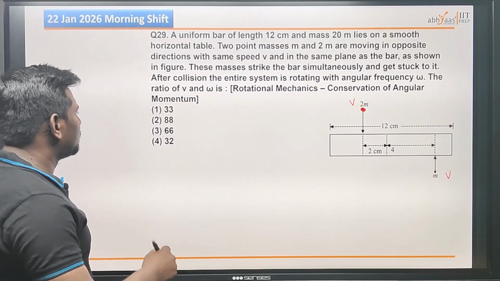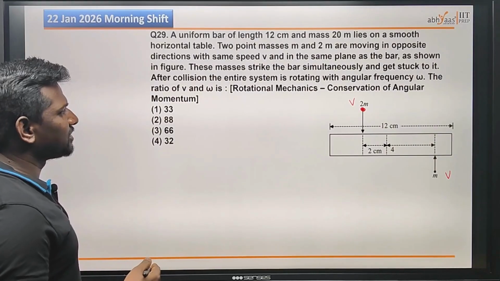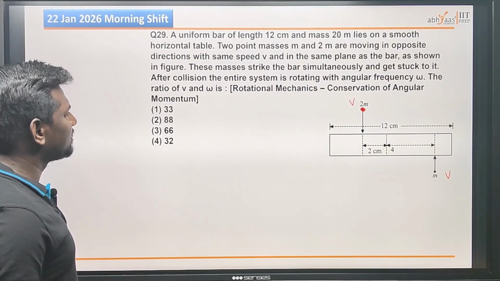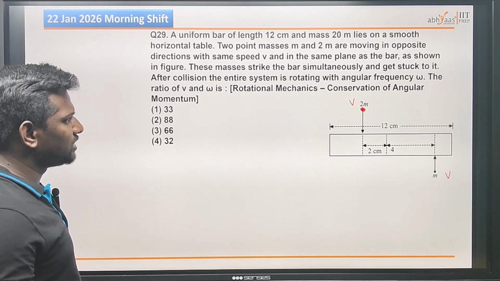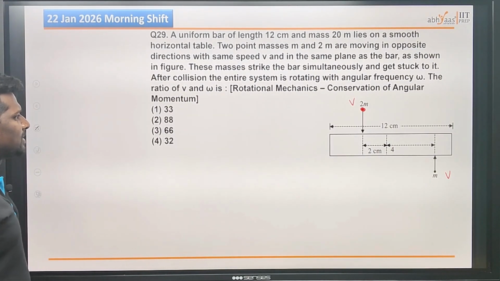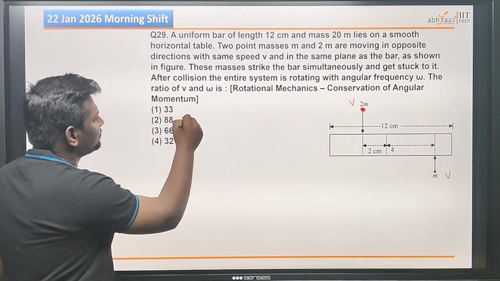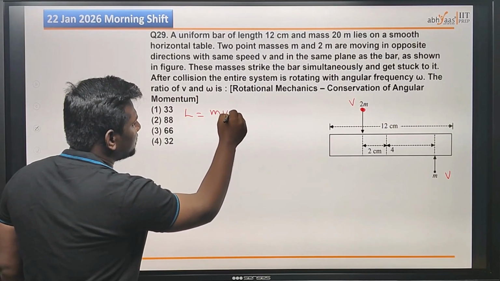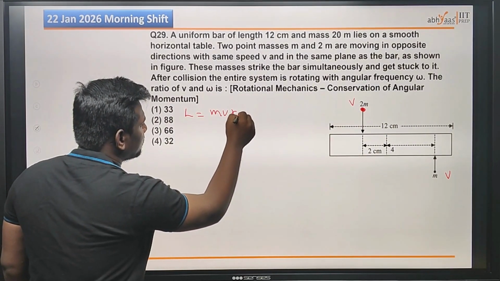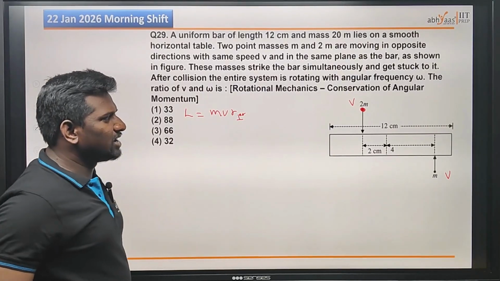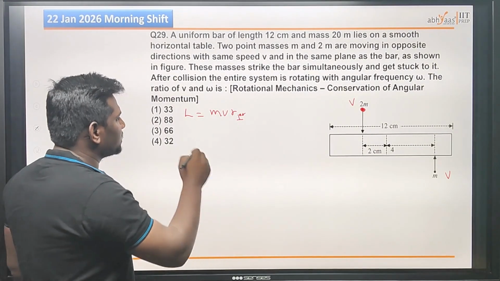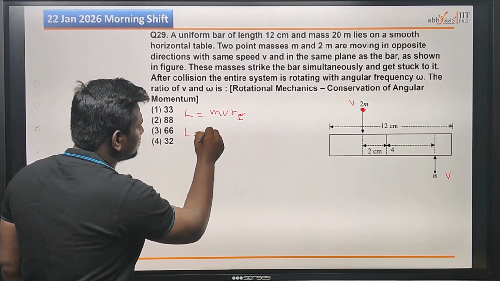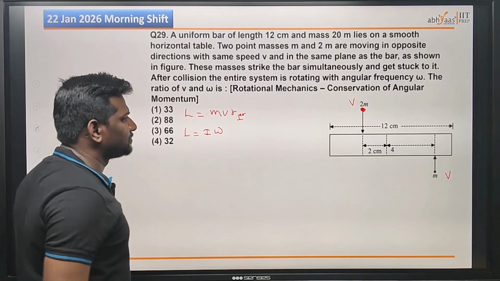So this can be solved by the law of conservation of angular momentum. We know that in normal position, angular momentum can be written as m v r perpendicular. In rotation, angular momentum is I omega.